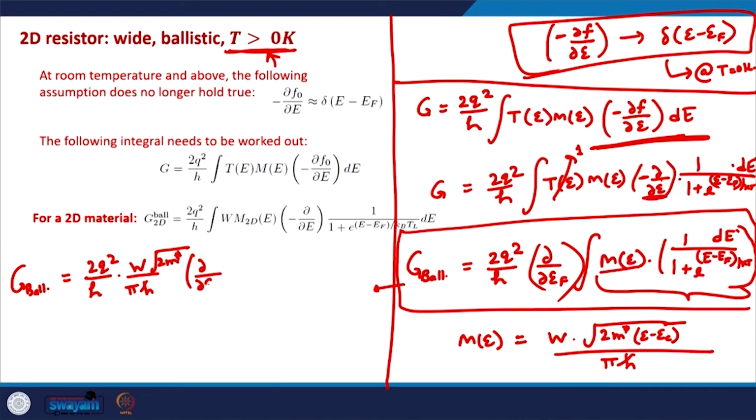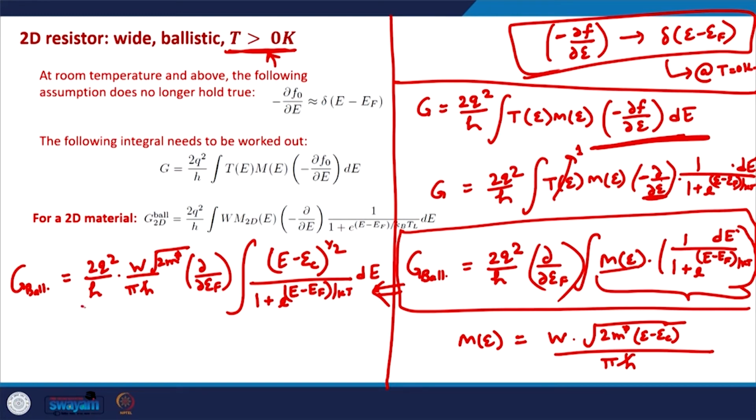We are left with this derivative term and the integral of (E minus EC) power half divided by 1 plus exponential (E minus EF) by kT dE. So this is finally the conductance of the ballistic conductor.